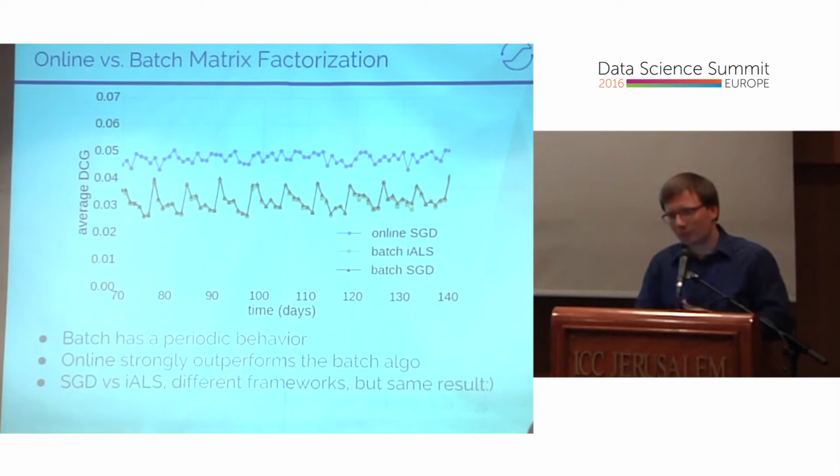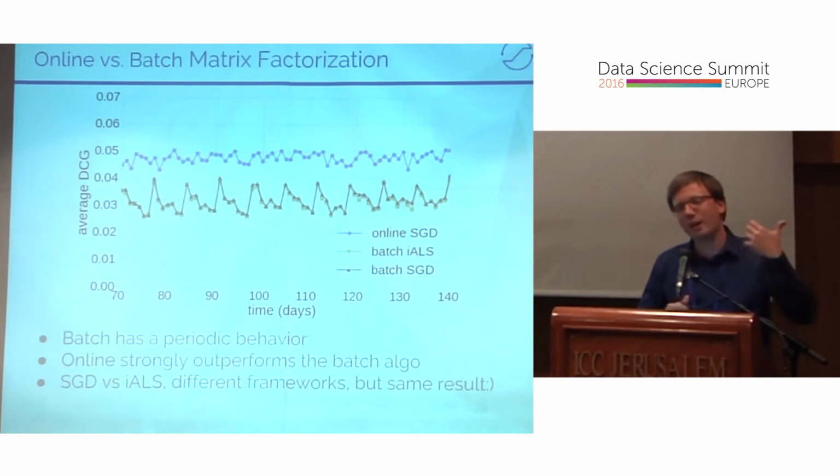And in the research on recommenders, people like making statements like IALS is better than SGD or SGD is better than IALS. So in a batch setting, because IALS can also only be done in a batch setting, we compared these two experiments, even coming from two very different frameworks.